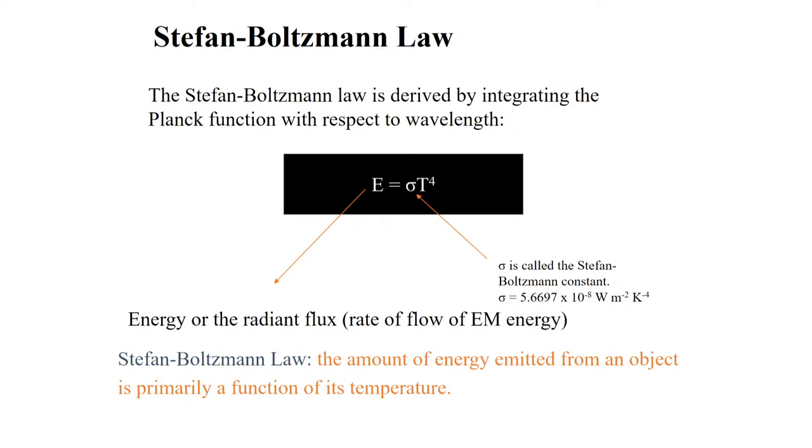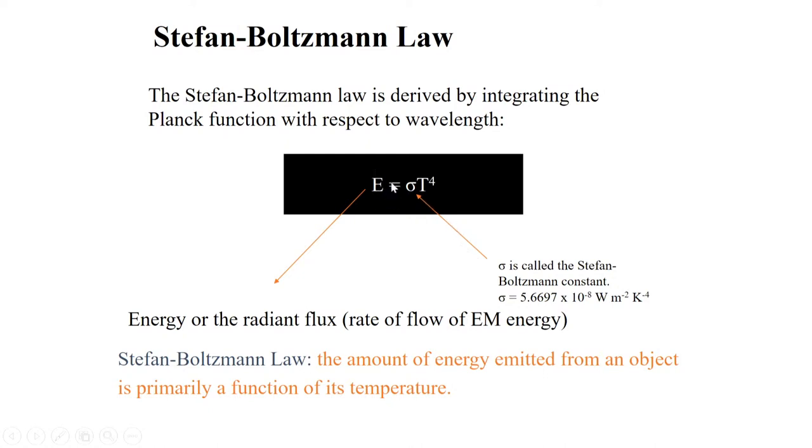Now another law is the Stefan-Boltzmann law, that is derived by integrating the Planck's function with respect to wavelength. This tells about the energy, or the radiant flux, and the temperature. It says that energy is proportional to the fourth power of the temperature, and the proportionality constant is replaced by the Stefan-Boltzmann constant, represented by sigma.